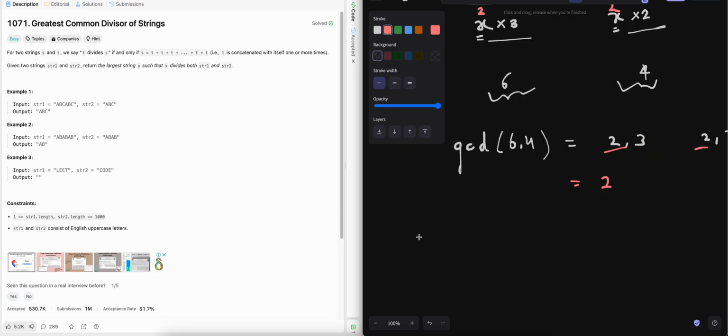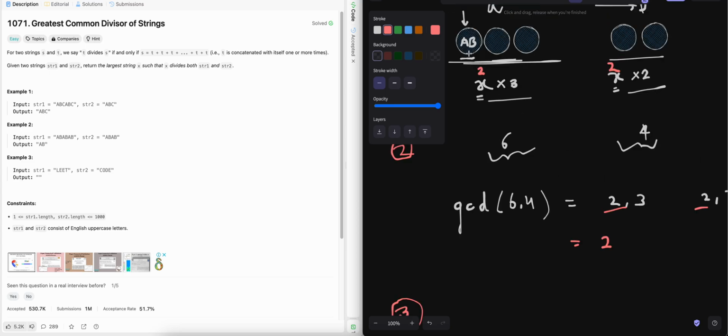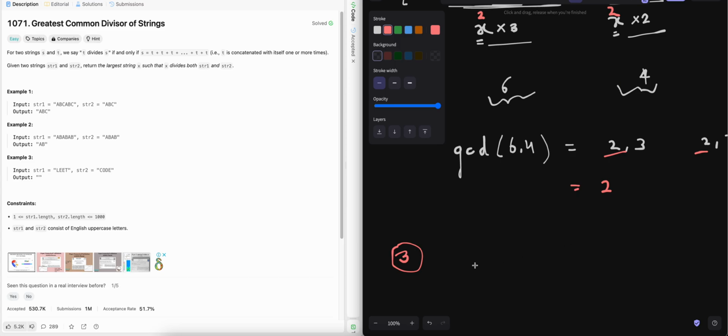Now, once we are able to figure out the common length, that is the common block and its length, the third step is just to take that out from any of the given strings. So we have both: A, B, A, B, A, B, this was our first string.